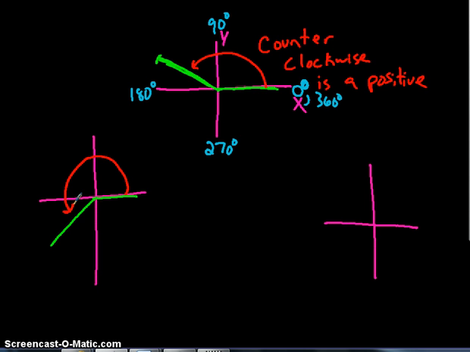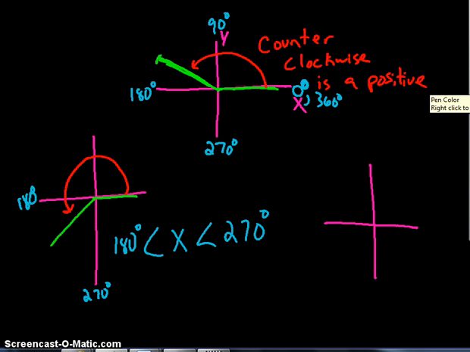If this is 180 degrees and this is 270 degrees, that angle is somewhere between 180 degrees and 270 degrees. So we do have angles larger than 180 degrees in trig. In lower classes, you pretty much stop at 180, but in trig, we go all the way around the circle.